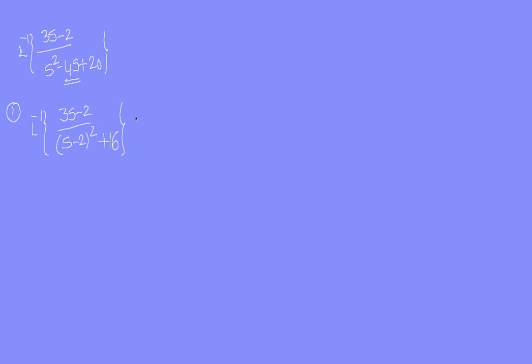The denominator is s minus 2, so in the numerator also in place of s write s minus 2, so 3s minus 6. How much do you have to add? Plus 4, since minus 6 plus 4 is minus 2. Therefore 3 into (s minus 2) plus 4 by (s minus 2) whole square plus 4 square.